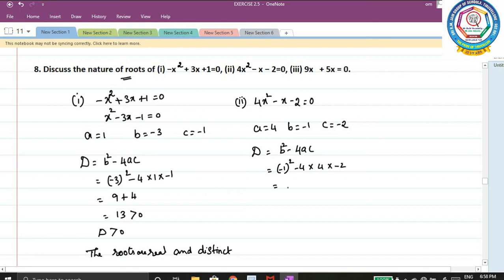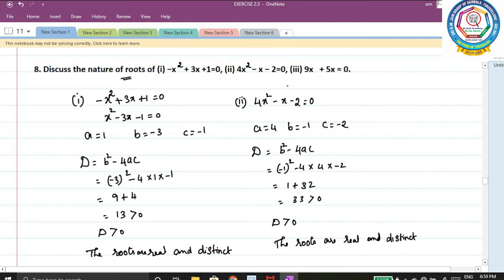Minus 1 the whole square, 1. Minus into minus, plus. Here, 4 4s are 16, 16 2s are 32. Now, 33. It is also greater than 0. Therefore, if d is greater than 0, the roots are real and distinct. That is different.